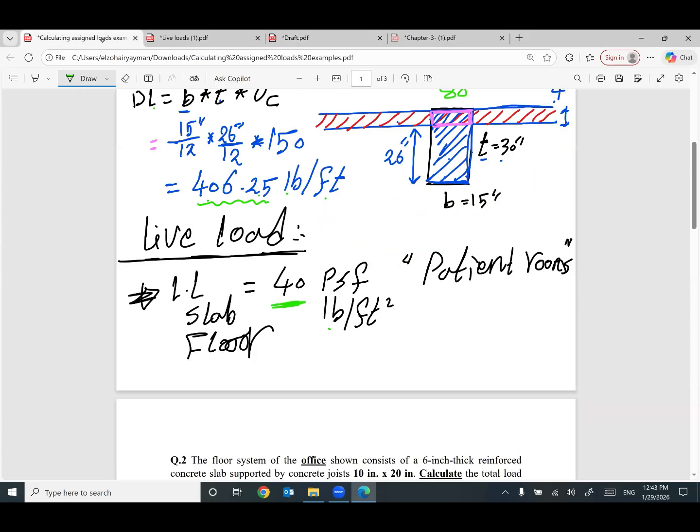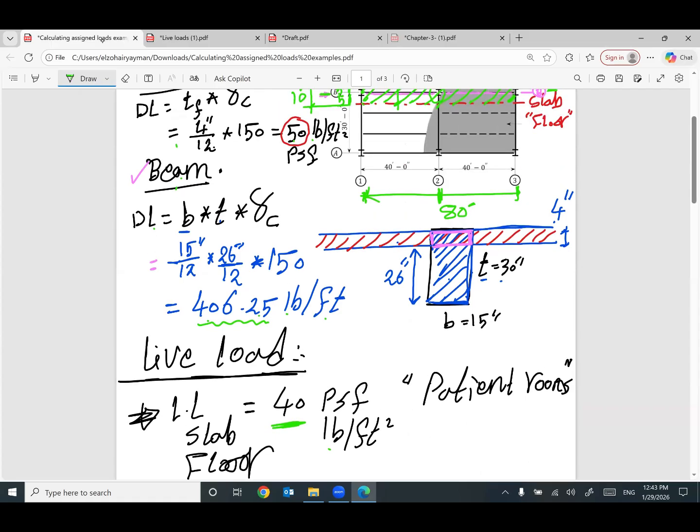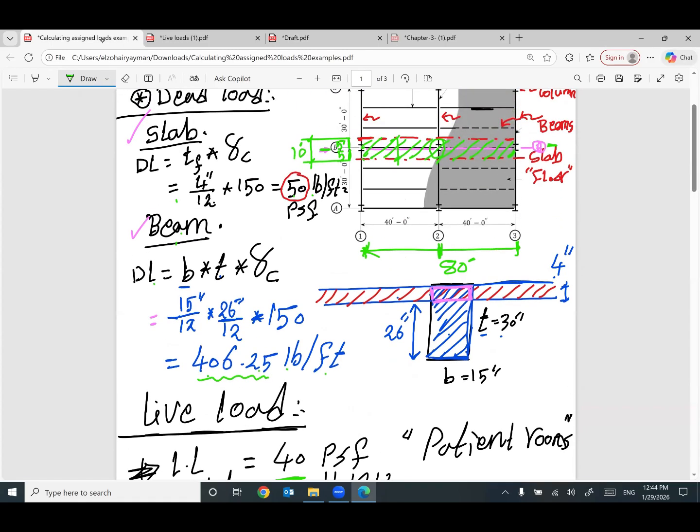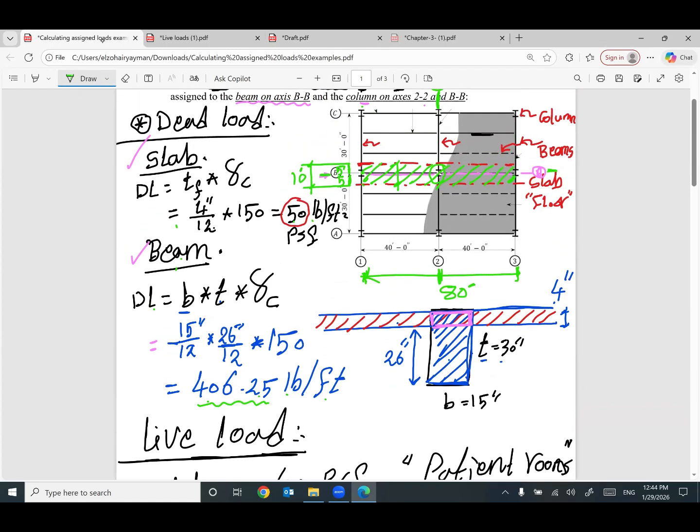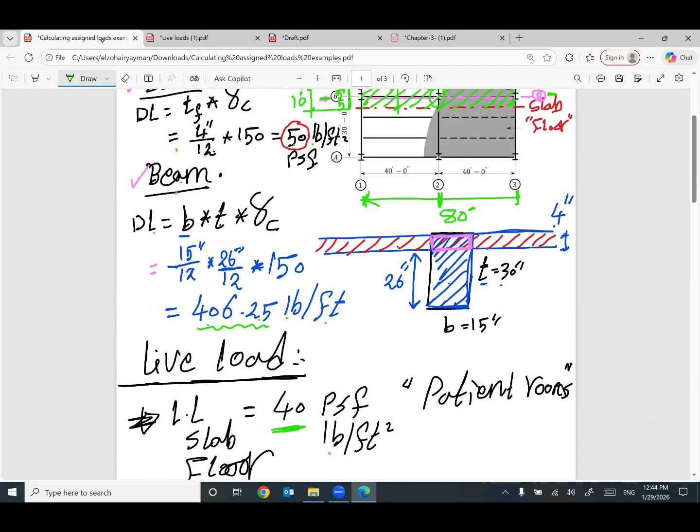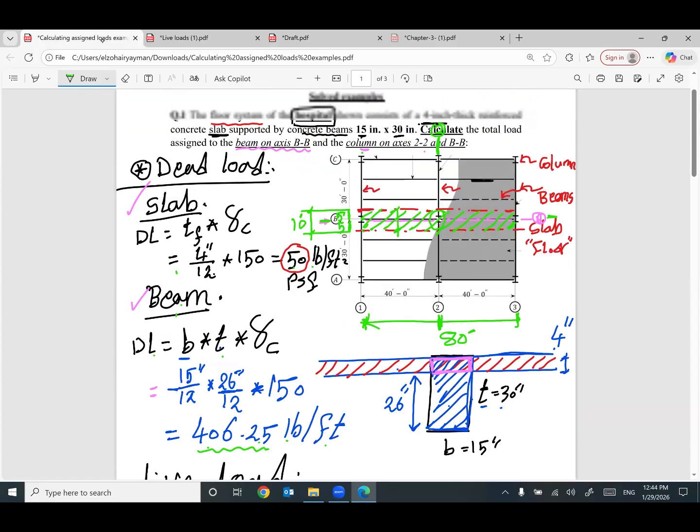The first part is a general part, which is covered here. How much is the dead load on the slab in general? It will be the thickness times gamma concrete, and your value will be in pounds per square foot. The dead load of the beam is B times T times gamma concrete. For the given B and T, B is okay.